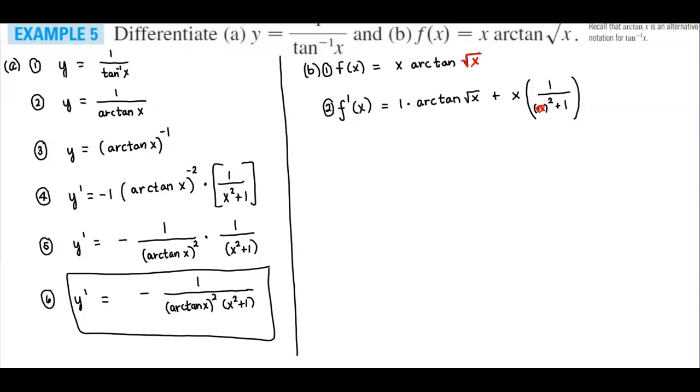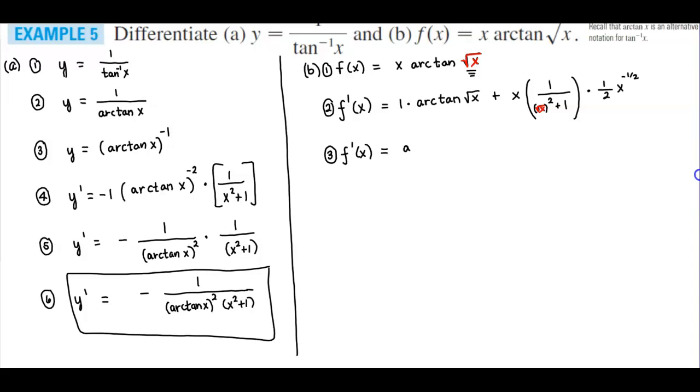Now, we also need to multiply that by the derivative of the square root of x. And remember that the derivative of the square root of x is 1/2 times x to the negative 1/2. Okay? So let's go ahead and clean this up a little bit here. So now we have the derivative.